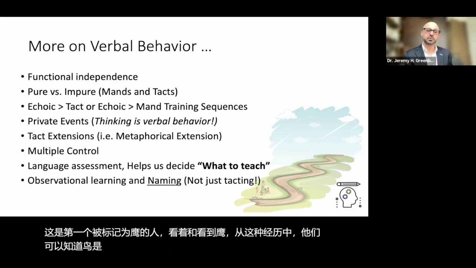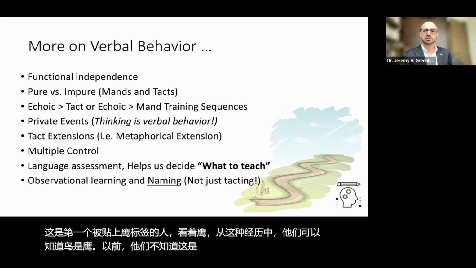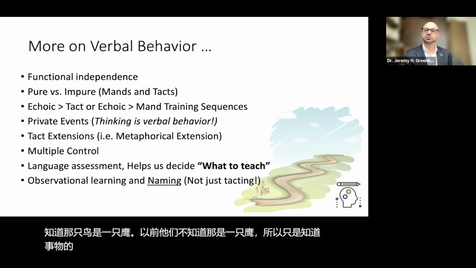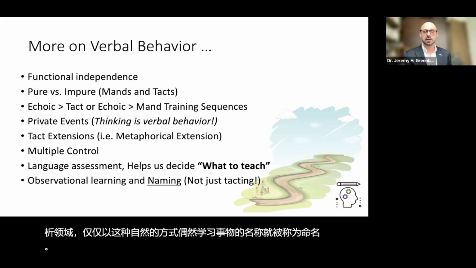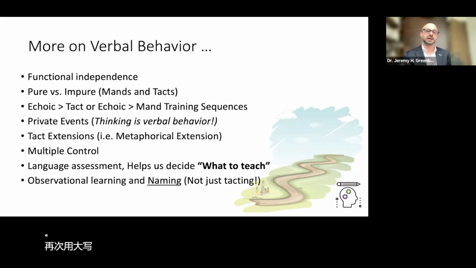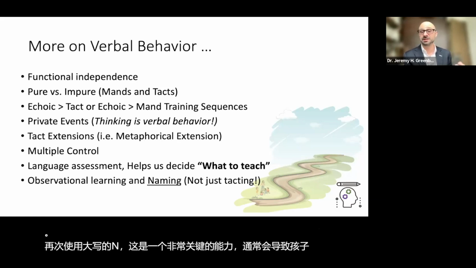Prior, they didn't know that that was an eagle. And so just learning the names of things incidentally in that sort of natural type of a manner is called naming in the field of verbal behavior analysis, again with a capital N. And it's a very critical capacity that will lead usually to children being successful in school and in life.